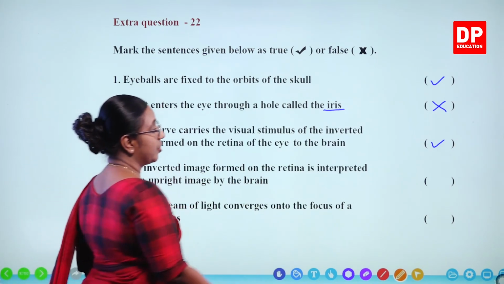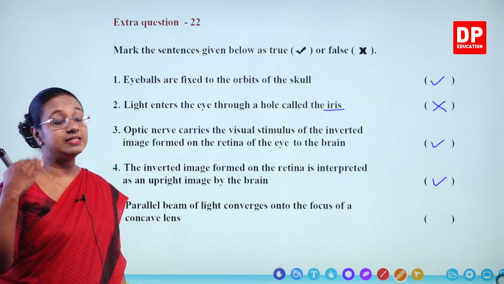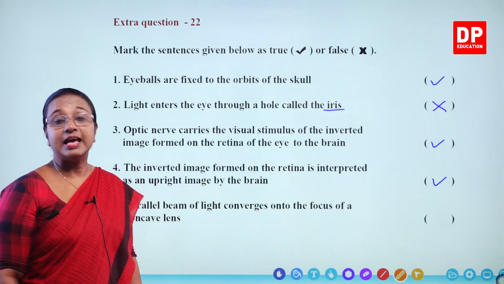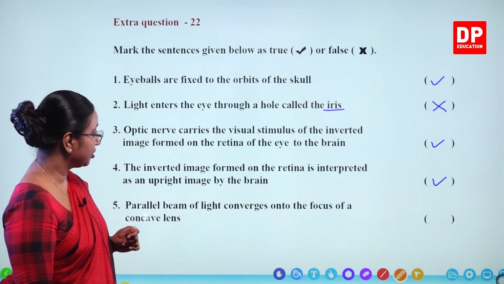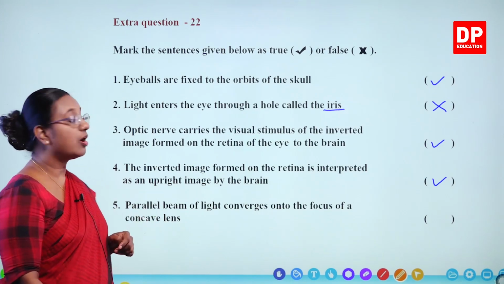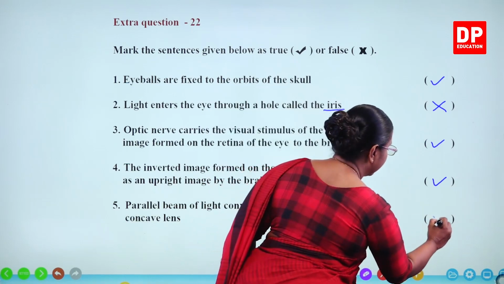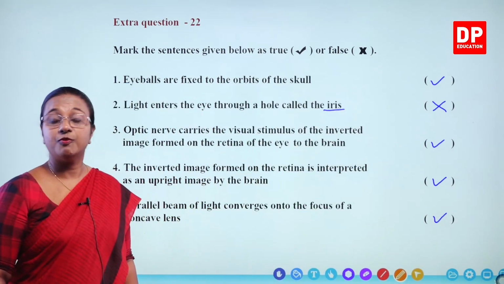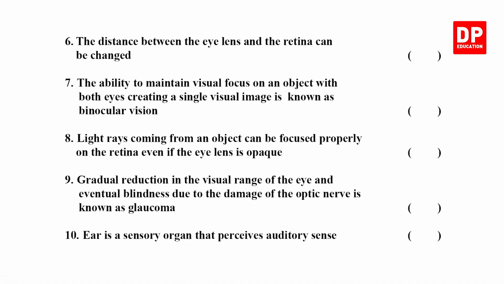That statement is also correct. Although an inverted image is formed, it is interpreted as the correct image. Parallel beam of light converges onto the focus of a concave lens. That is also correct. Parallel beam of light converge onto the focus of a lens. We will move on to the rest.